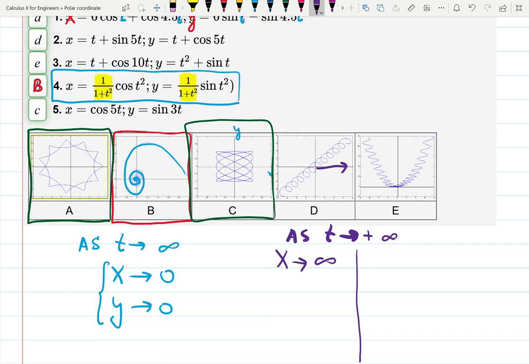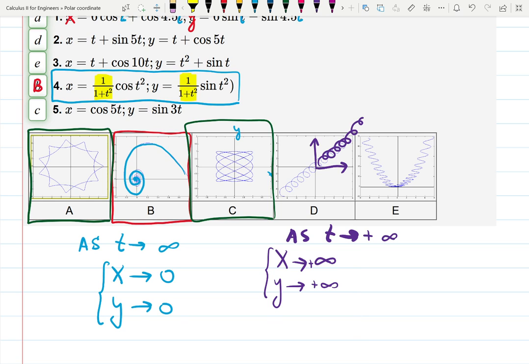Then x goes to plus infinity. What happens with the height, y? Y goes to plus infinity as well, because the spirals keep going diagonally right and up forever. So that means both x and y go to infinity.